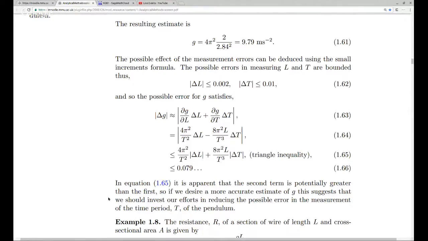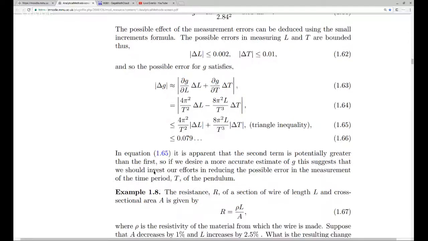So if we did look at the numbers, it seems to be this one over here, the time period, which is having the greater effect. So if we had limited resources, if we did want to optimize our experiment and make the error in it less, this analysis would suggest that we'd be better off trying to improve our accuracy at the time measurement. That seems to be making a bigger contribution to the overall error for G. So that comes out of the analysis as well. You can't see it there in the page, but when you put in the evaluations of these quantities at the base point 2 and 2.84, you can see that as well.